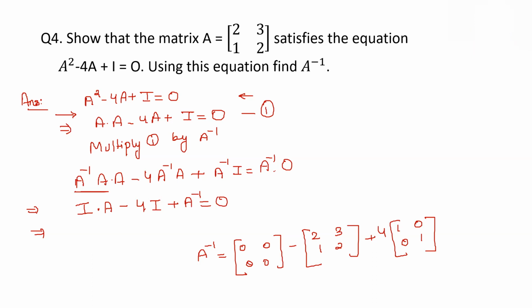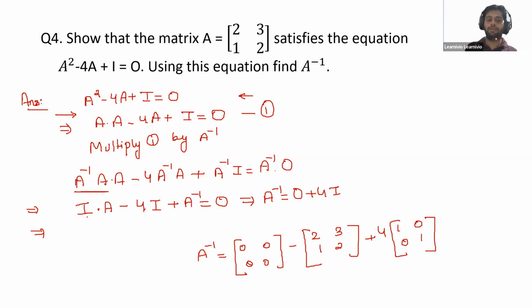Yes, sir. Okay, then what we need to do, we need the value of A inverse. So we will shift all the terms to the right side and keep A inverse to the left. So A inverse is equal to, we already have the null matrix here. This minus 4I, when we shift it to the right side, becomes 4I. And this is IA. If you shift this to the right side.